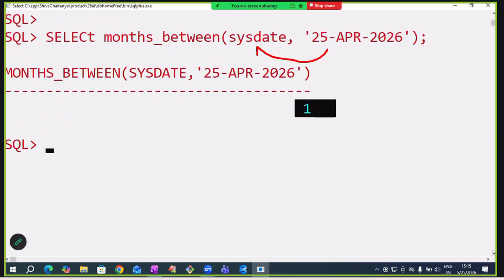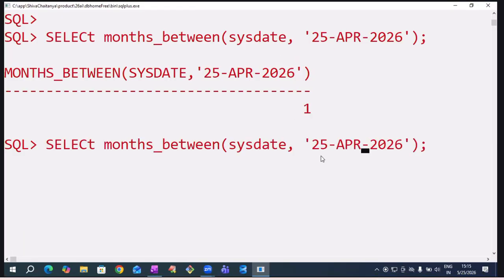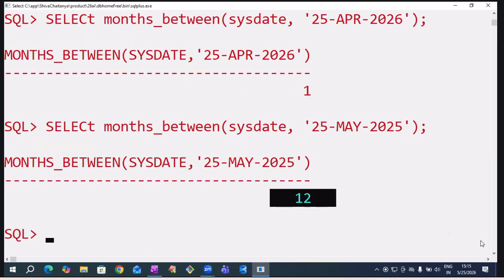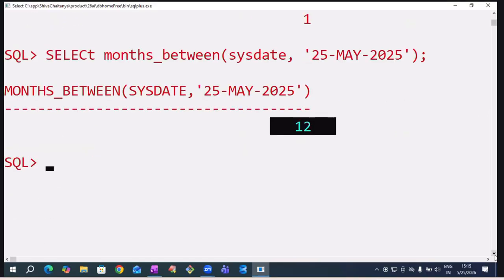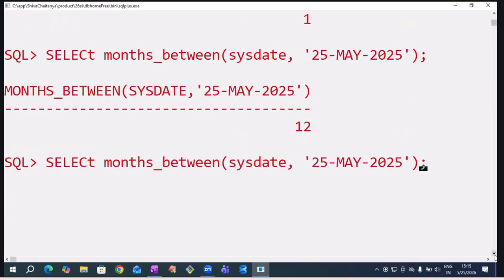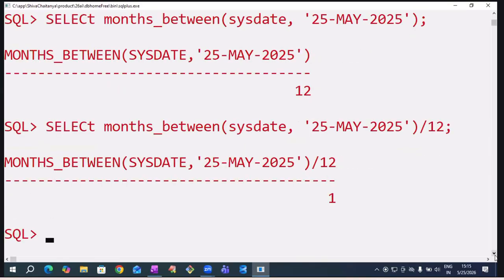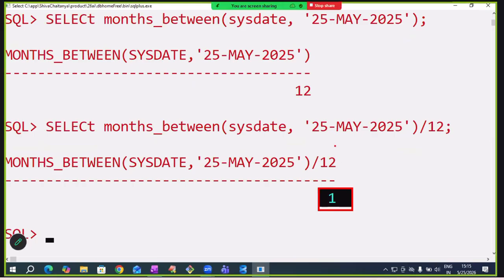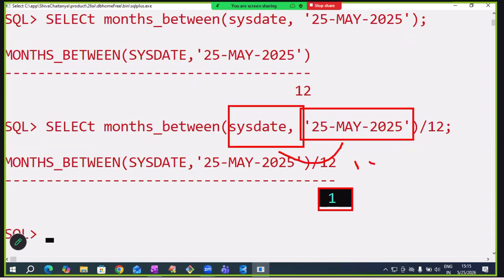With 25th May 2025, 12 months gap is there. But I want it in the form of years, so divide with 12. 1 year gap is there.